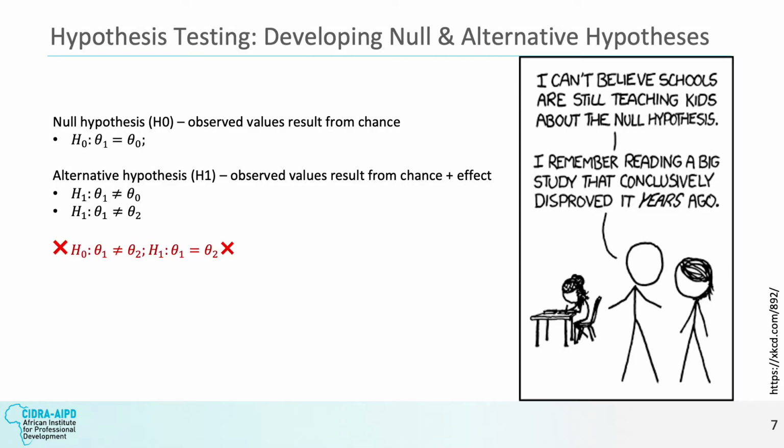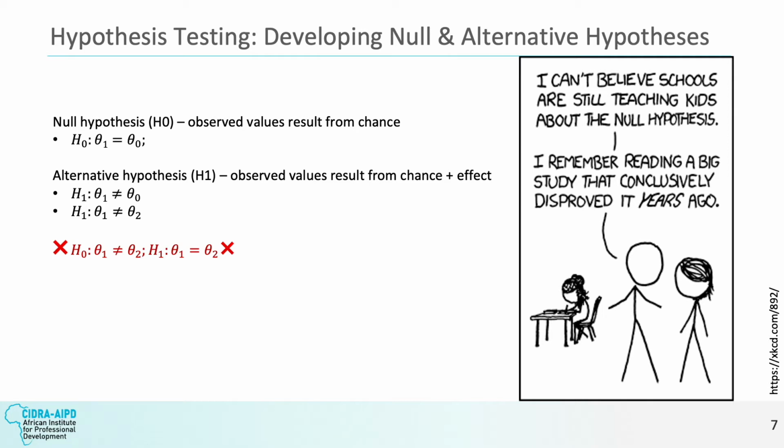When conducting hypothesis testing, you will always have at least 2 hypotheses, the null hypothesis and the alternative hypothesis. The observed values, the data that we are working with, will always include some variation due to chance. However, we can ask if the variation in the observed values is due to chance alone, or if there is a real relationship or effect that is also observed.